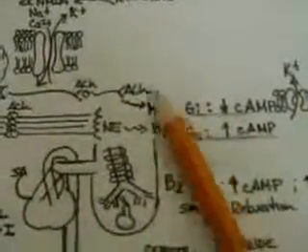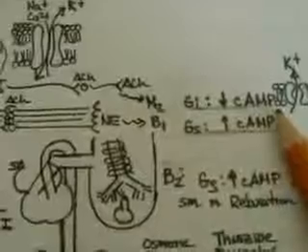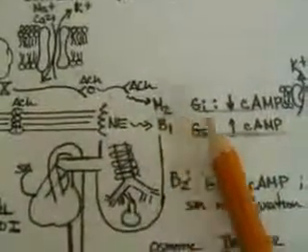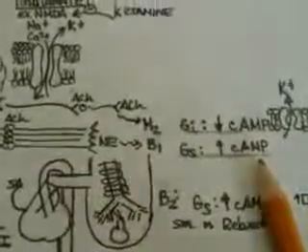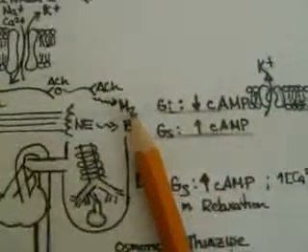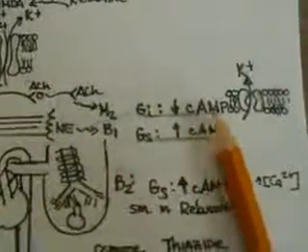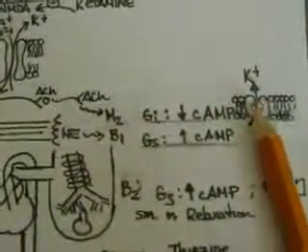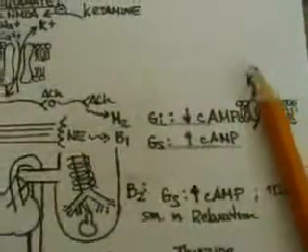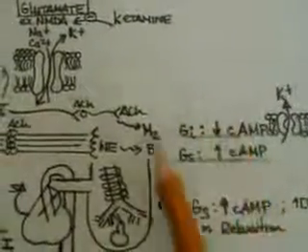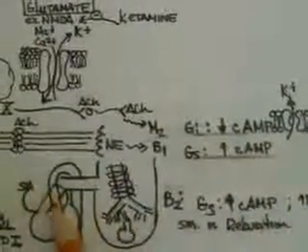We can think of the muscarinic 2 receptors as decreasing the cyclic AMP, and the beta 1 receptors, when stimulated, as increasing the cyclic AMP. So the parasympathetic tone stimulating the M2 receptors, decreasing the cyclic AMP, and promoting the exit of potassium out of the cell, tends to decrease the heart rate. Therefore, the parasympathetic tone on the heart will decrease the heart rate.